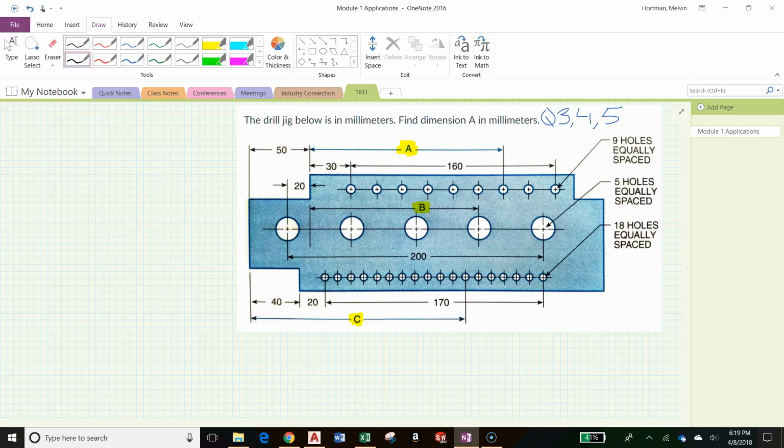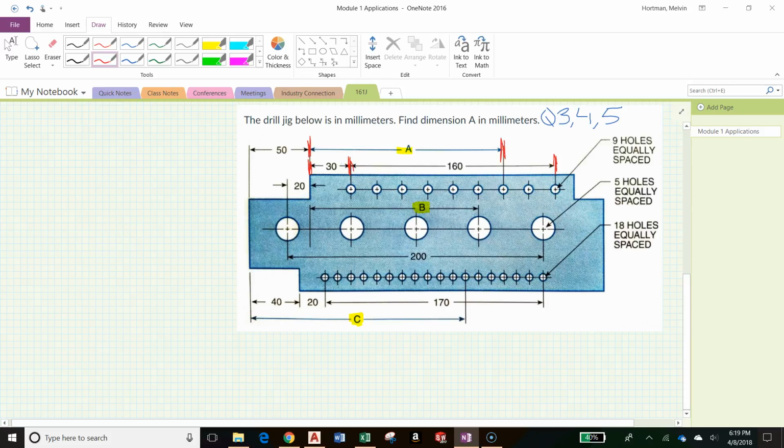So A is a little tricky. It's between this point right here and this point right here. What we have is this point right here and this point right here, and we also have this point right here and this point right here.